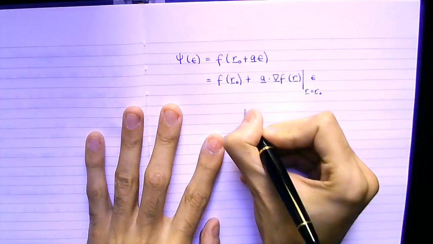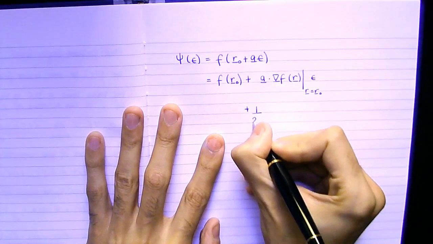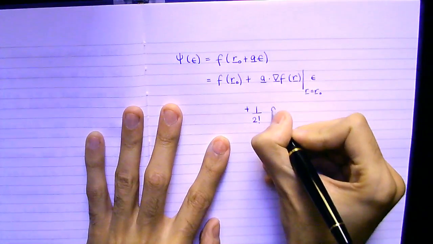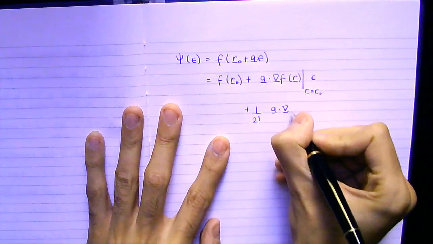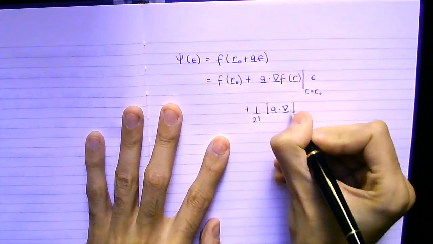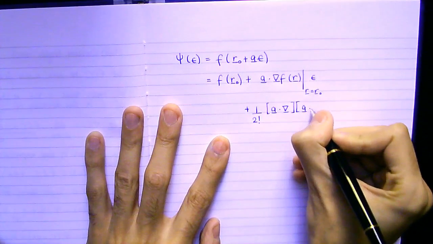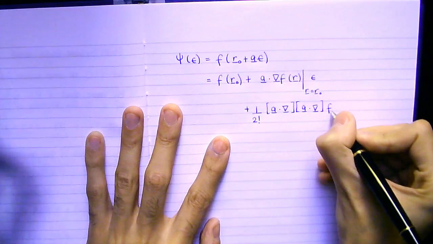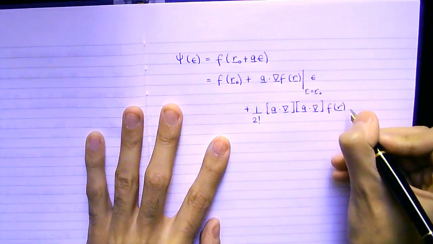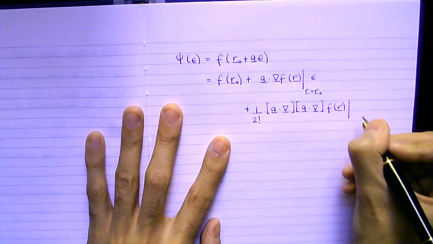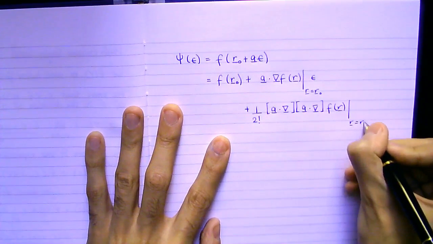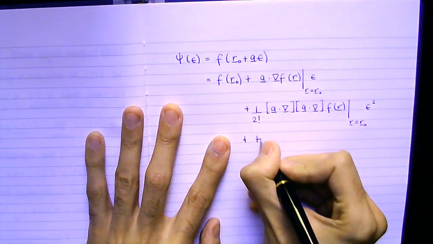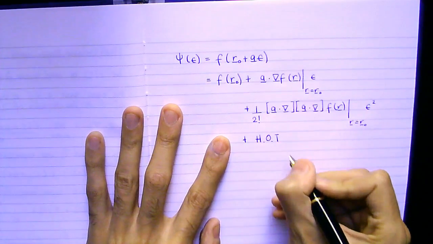And then I'll have another term. And it just so happens when you work out the higher order terms, it comes out the following way. Now I'm going to explain this notation more explicitly a bit later. This notation might not be familiar to you, but I'll write this out more clearly momentarily. And then we have higher order terms.